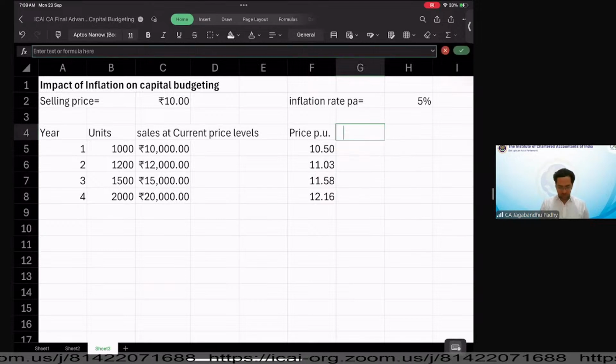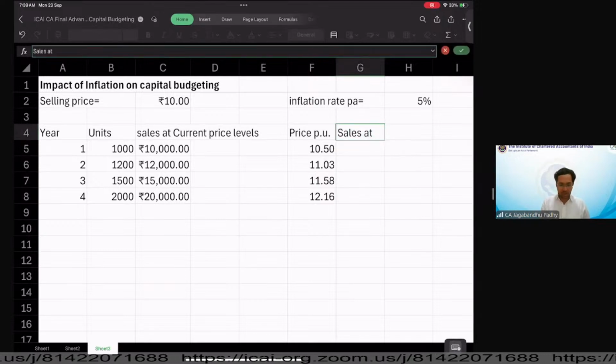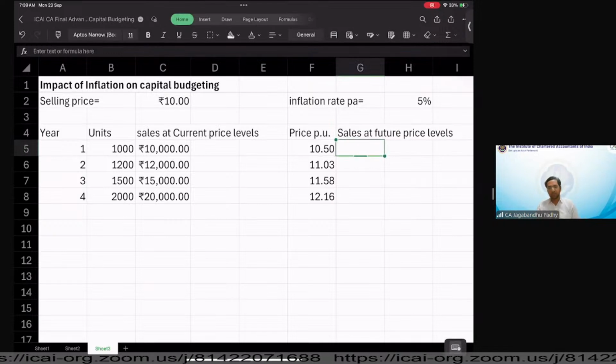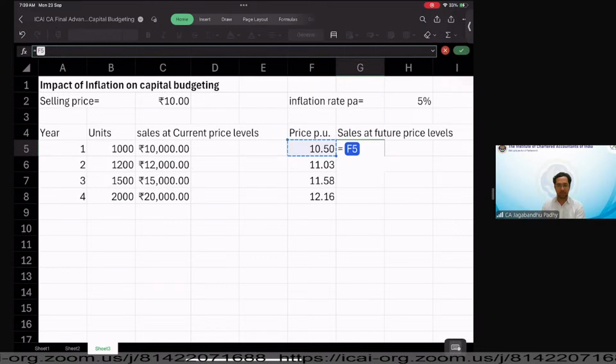And now, when I calculate sales at future price levels, sales at future price levels, can I say I need to multiply this price with the units?